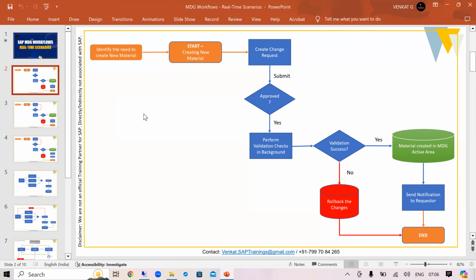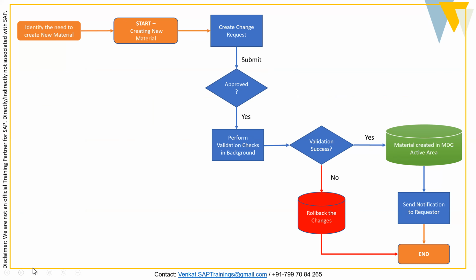First one. Okay, it is for the material creation. The business first needs to identify if there is a need to create a new material.